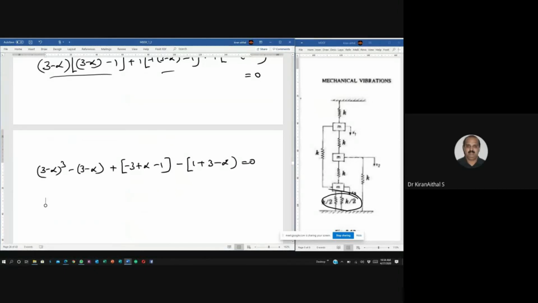Again, I have told you a cube minus b cube minus 3ab into a minus b. 27 minus alpha cube minus 9 alpha, correct or not, into 3 minus alpha, right? Then minus 3 minus alpha minus 8 plus 2 alpha is equal to 0, right?